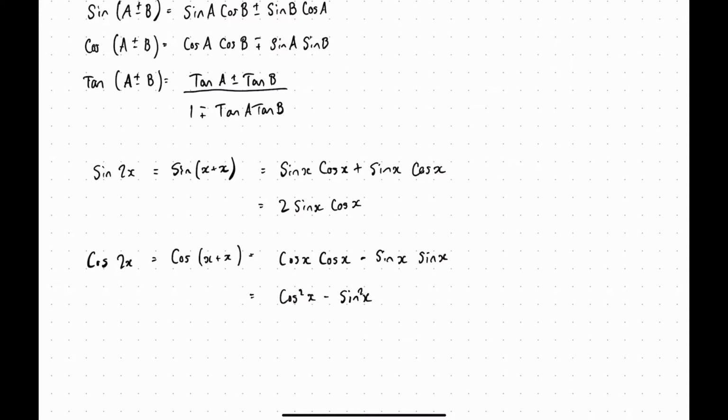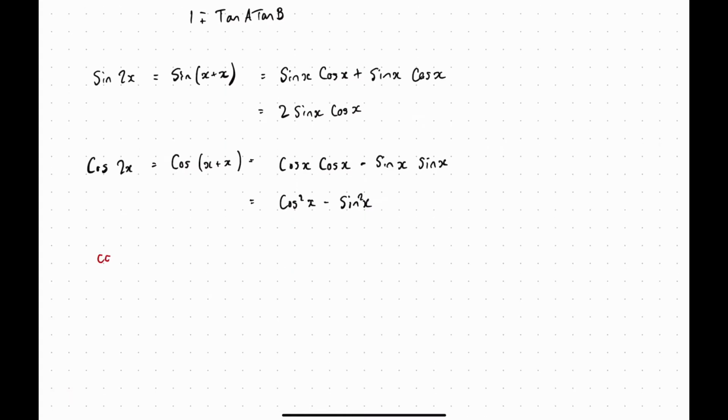Cos 2x actually has 2 other identities, other than cos squared x minus sine squared x, because you already have an identity involving sine squared x's and cos squared x's. Sine squared x plus cos squared x is what? 1.